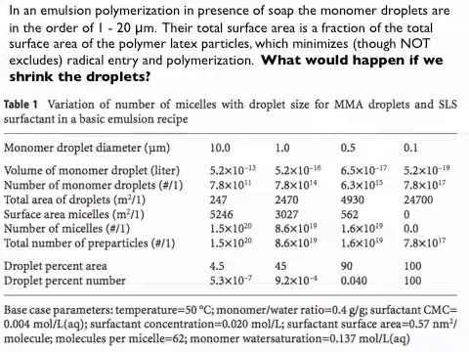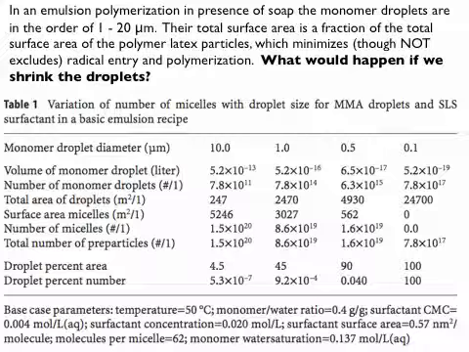So now you could ask yourself, what happens if I shrink my monomer droplets? Typically they're about 10 microns, a couple of microns on the order of scale. What if I make them smaller? What if I have a way to make these things way smaller?